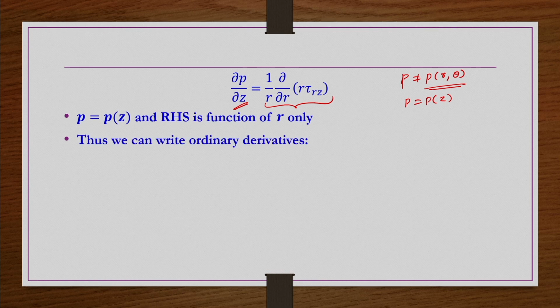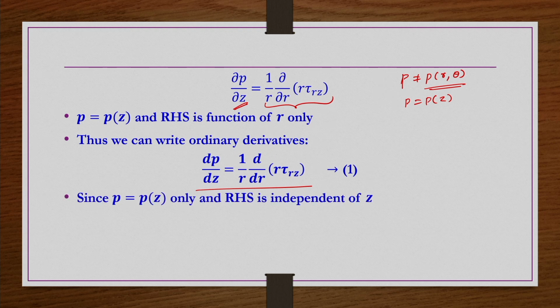So, because of this nature, we can also write this equation in ordinary derivatives like this, dp by dz is equal to 1 by r d by dr of r tau rz. Now, we can integrate this dp by dz because it is a function of z only, and then the RHS is independent of z.